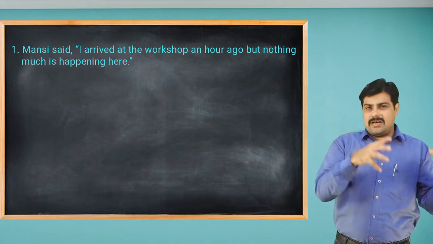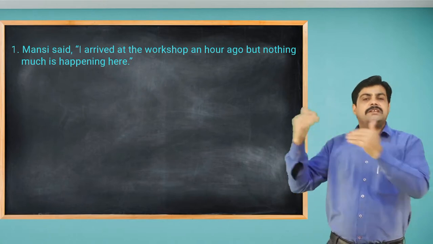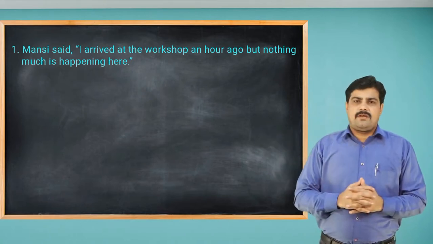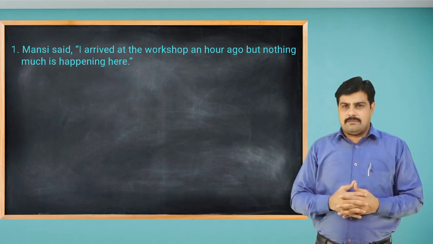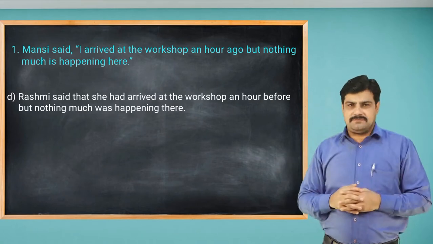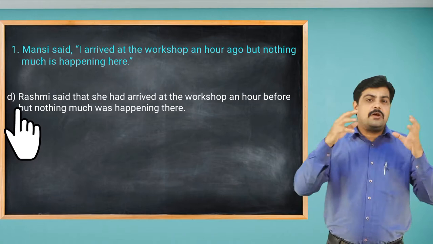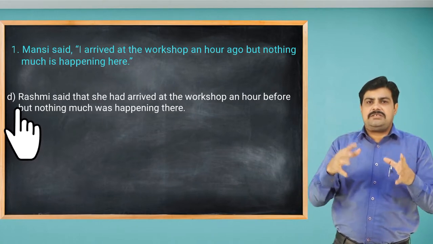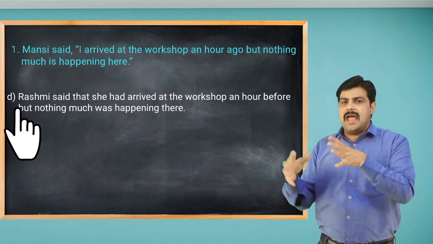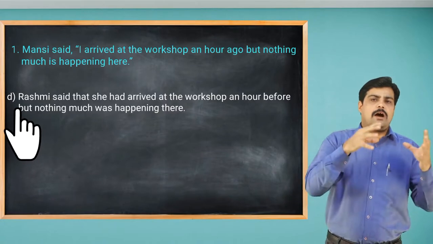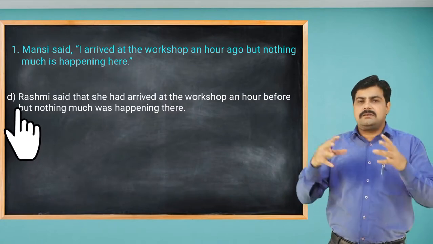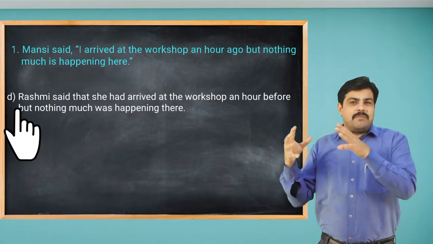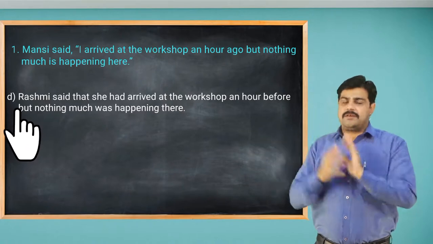And the word "here" will be changed into "there". So according to this rule, option D is right. It is, Mansi said that she had arrived at the workshop an hour before, but nothing much was happening there.